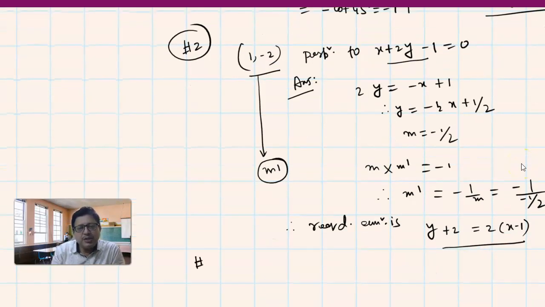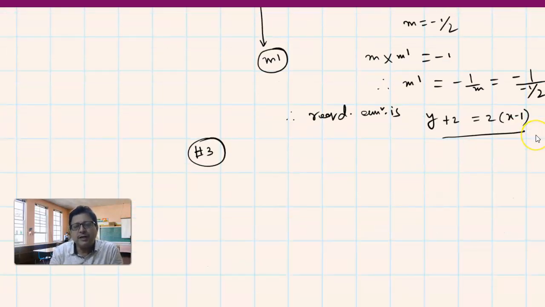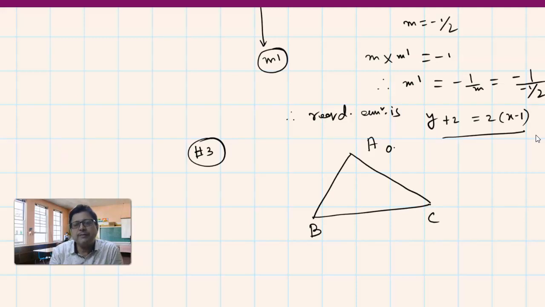Question may arise in this form also. Three vertices of a triangle are given. You are supposed to find the equation of its altitude and hence to find the orthocenter. Suppose three vertices are given in this manner: 0, minus 1, 2, 0 and 3, 1.